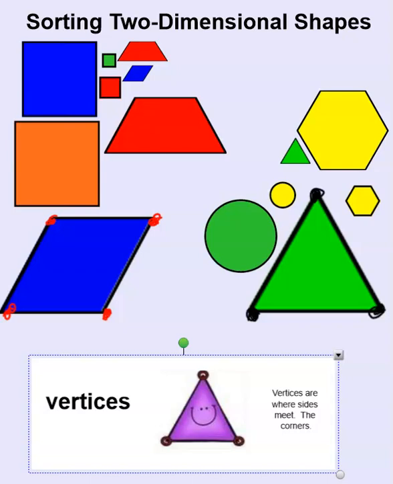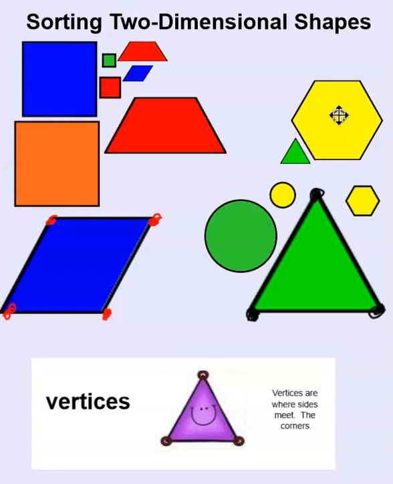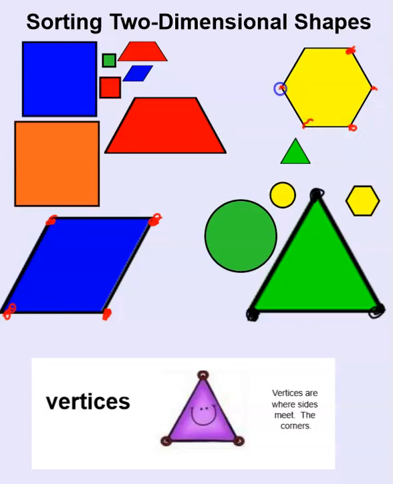Yes, I'm thinking that this hexagon, I'm going to move this hexagon up just a little bit. Let's count the vertices on the hexagon. These corners meet here. 1, 2, 3, 4, 5, 6. Yes, it has 6 vertices. So we could also sort by the number of vertices.